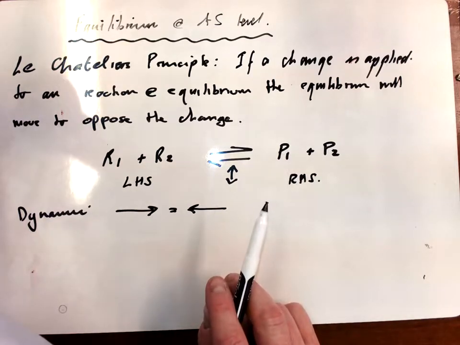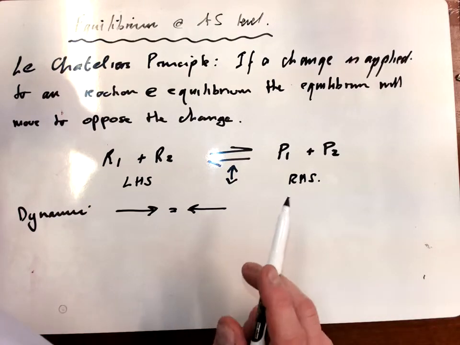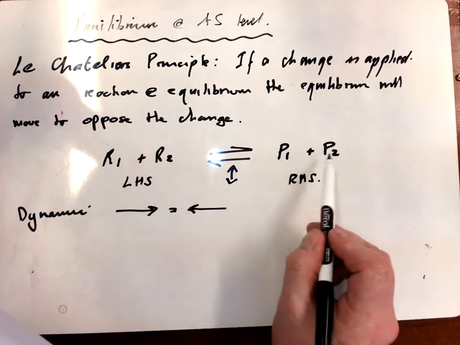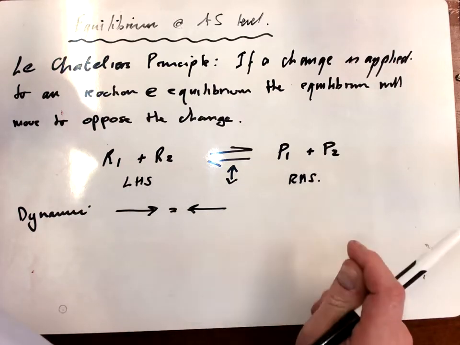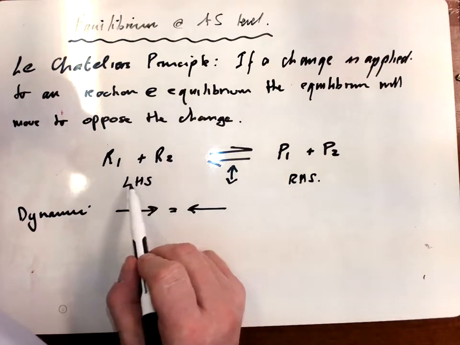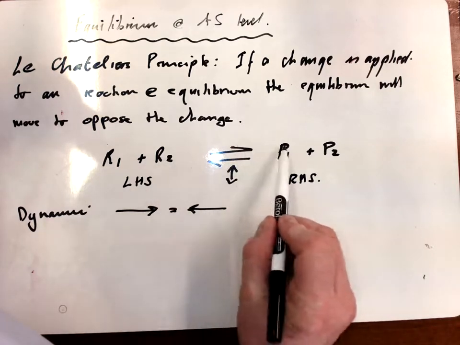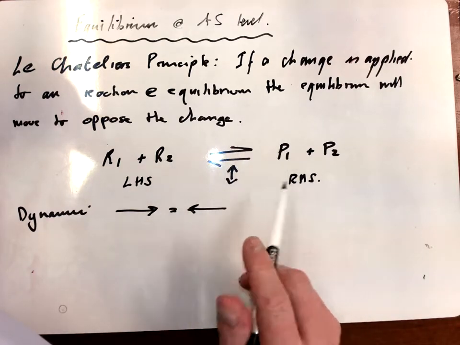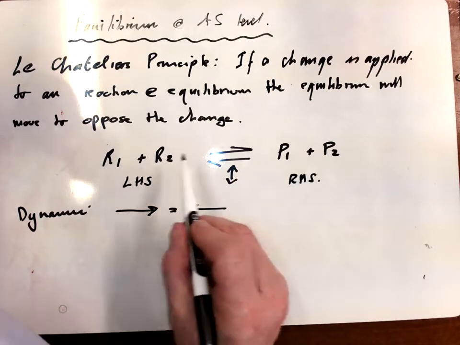Well, no, there's nothing to suggest they would be equal in that instance. There may be more products than reactants, so the concentration of products may be greater if the equilibrium lies to the right. Alternatively, there could be a greater concentration of reactants. But what it does mean, if the forward reaction is going at an equal rate to the reverse reaction at dynamic equilibrium, is that the concentration of reactants and products is constant.